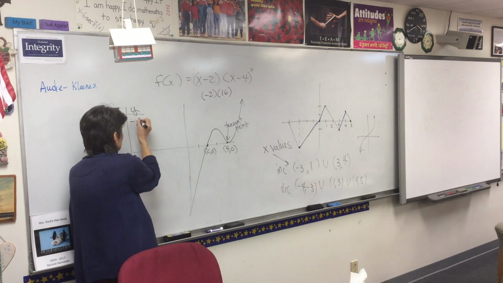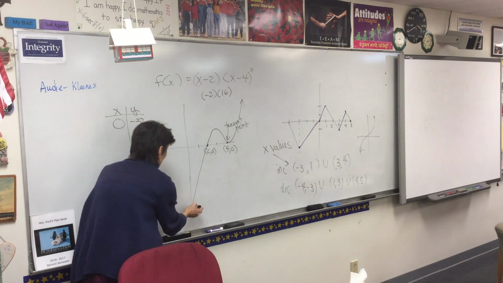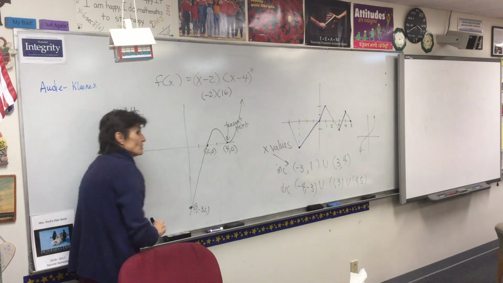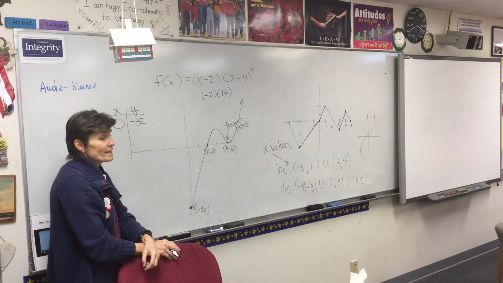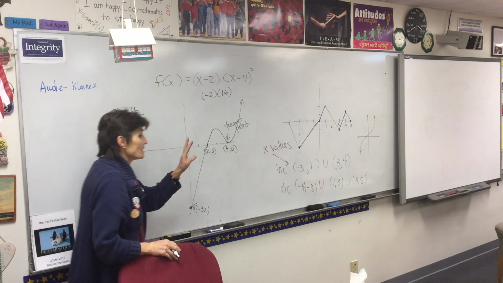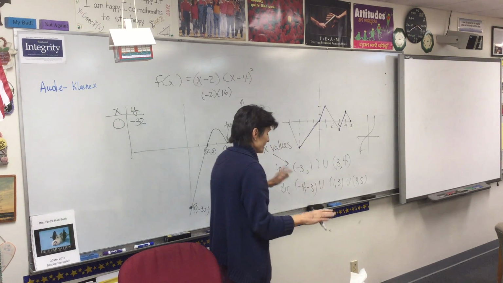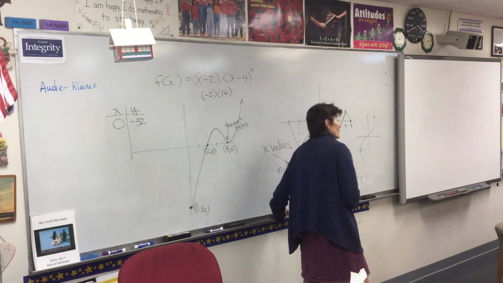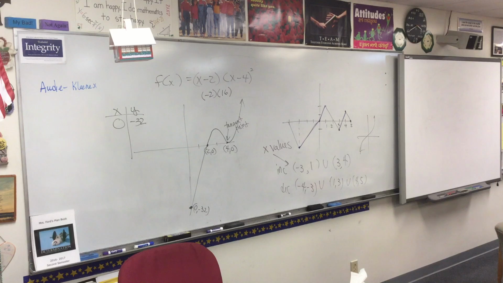So what's my y-intercept? -32. So 0, -32. To find a y-intercept for any equation of any kind, lines, circles, whatever, we let x be 0.